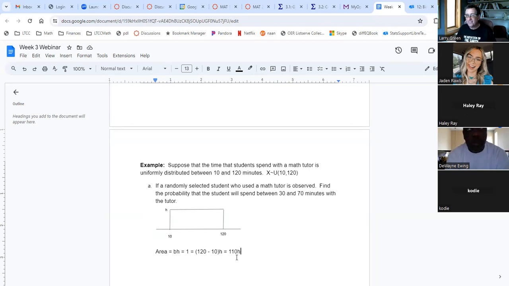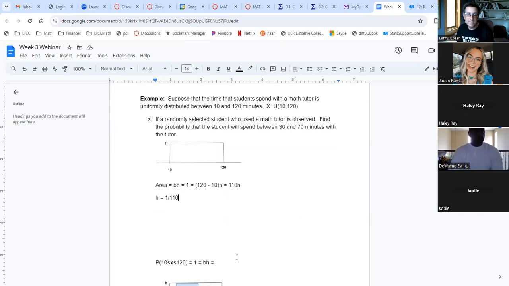Yeah, we divide left and right by 110. So we know that h equals 1 over 110. And there's our height of the rectangle. Any questions so far?